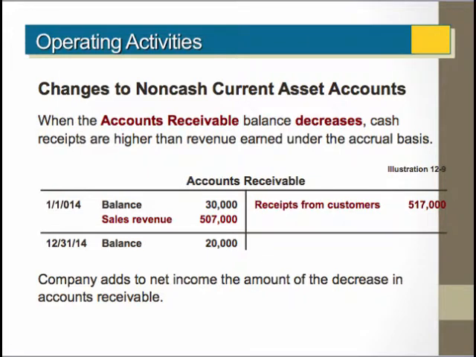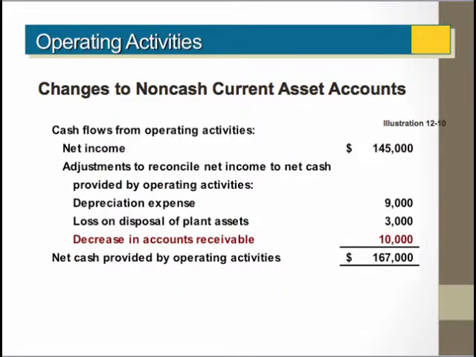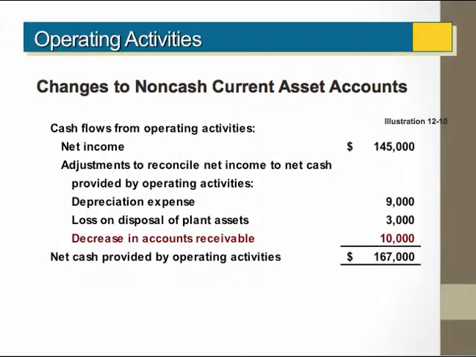So accounts receivable decreased by $10,000. Because it's a decrease of $10,000, we have to add the $10,000 to adjust the net income. Now, if there was an increase in accounts receivable, we would have to do the opposite and subtract the cash out of net income.